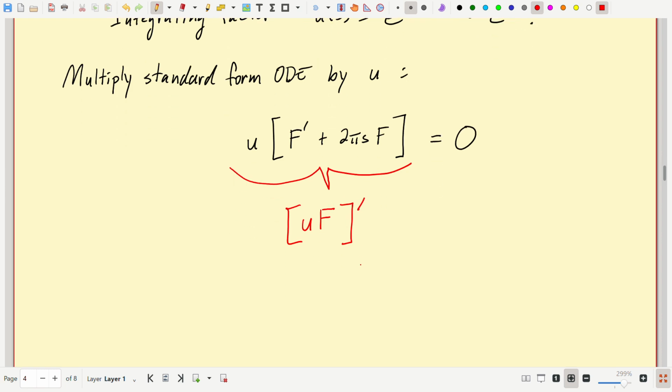And that means u times f is a constant. Since the derivative of that is 0, u times f is identically equal to c, a constant. And since we're dealing with a real function, it's a real constant.